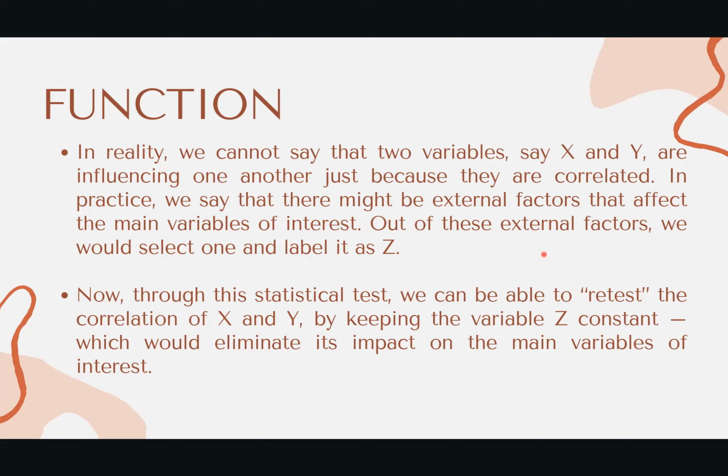So ngayon, dahil nakakita tayo ng possible variable na naging dahilan kung bakit mataas yung association ng main variables natin, magagamit natin itong test na ito para makita kung ganun pa rin ba ka-related yung x and y kapag yung effect ng variable z ay ginawa nating constant. Kasi kapag ganoon, it would eliminate the impact dun sa main variables of interest.